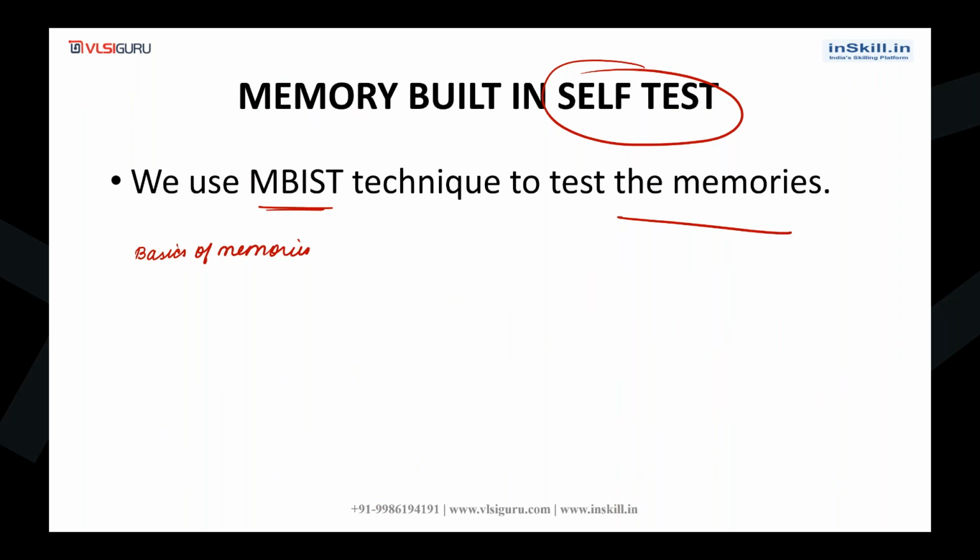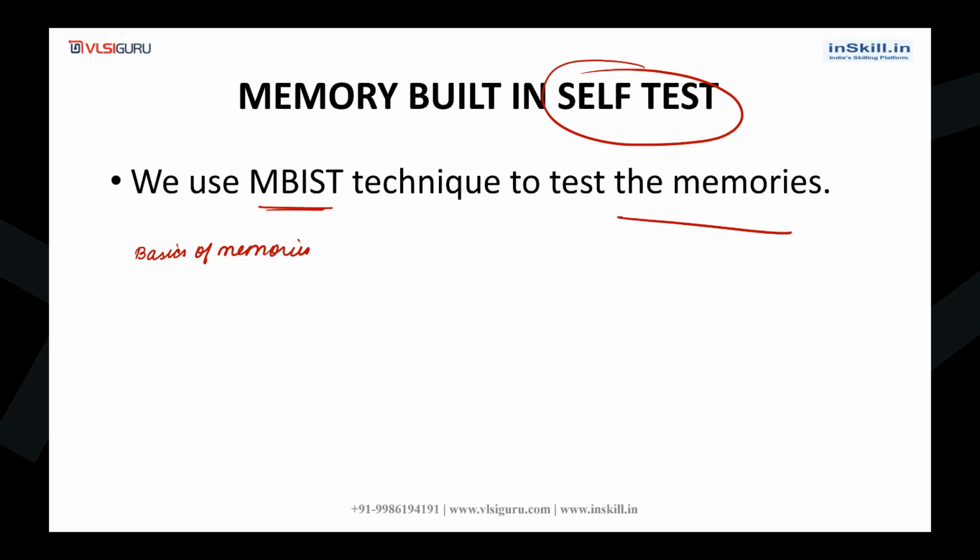Such kind of basics we'll see. We are not going to go in depth into how an SRAM cell or a DRAM cell works, because going into that detail is not required for a DFT engineer. So we'll just see an overview about those things.